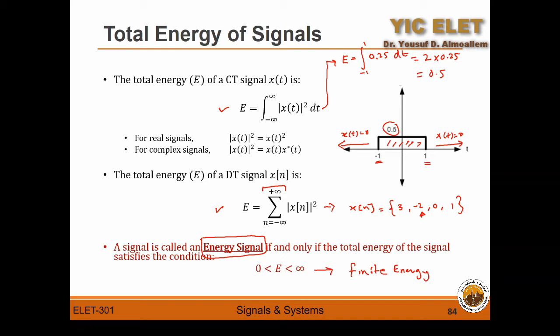So we simply square these values. 3 will be 9, minus 2 will come to 4, 0 will become 0, 1 will become 1, and then we simply sum up these values, and this turns out to be equal to 14. So in both cases, in continuous time, it is a finite number, it is not reaching infinity, and it is not 0. And in discrete time also it is 14, which is not 0 and not infinity. In both cases, both examples are energy signals.